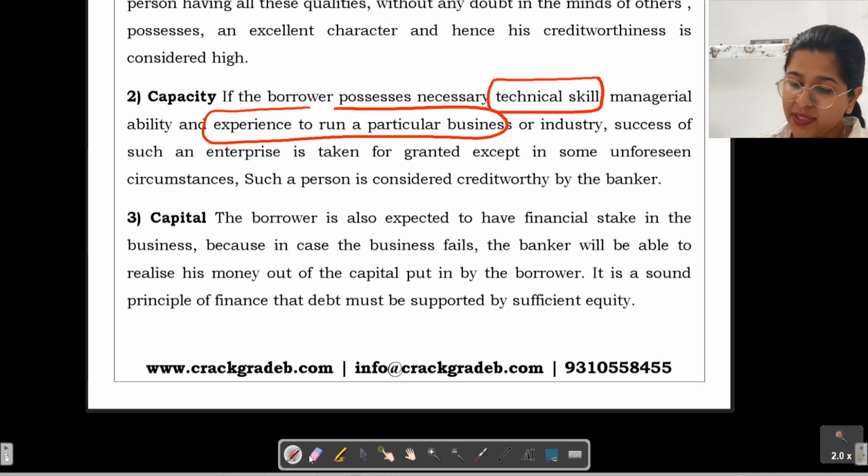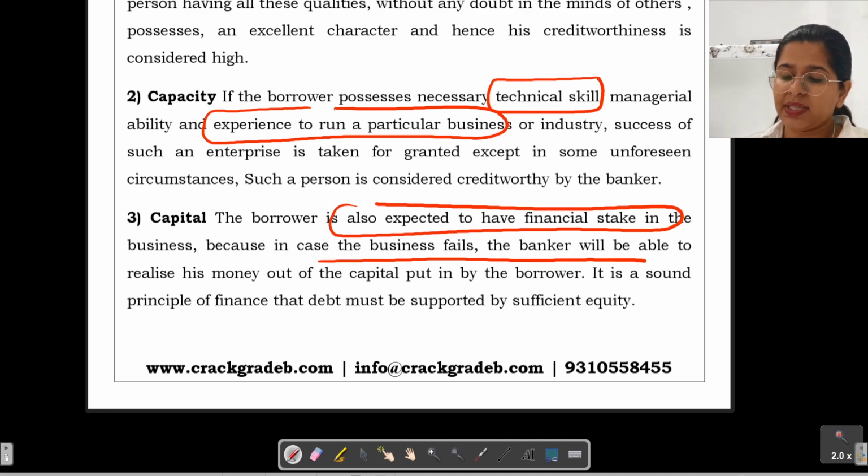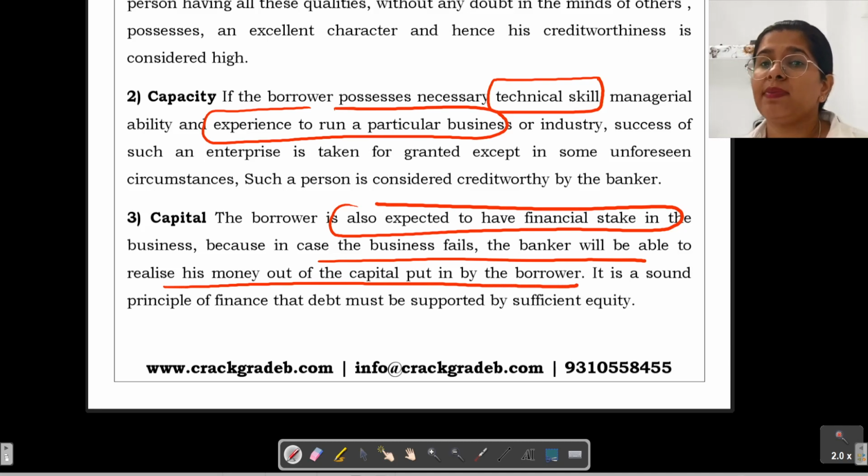And lastly, the capital. So the borrower is also expected to have a financial stake in the business, because in case the business fails, the banker will be able to realize money out of the capital that has been put in by the borrower, right? So hota kya hai? See, if you are an owner, you have invested certain capital into your business.